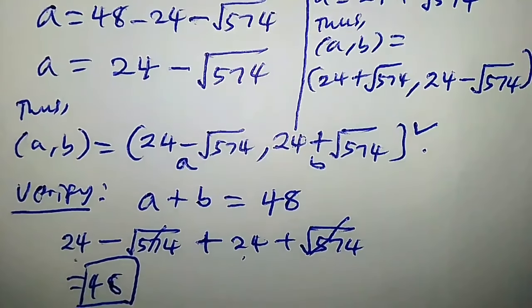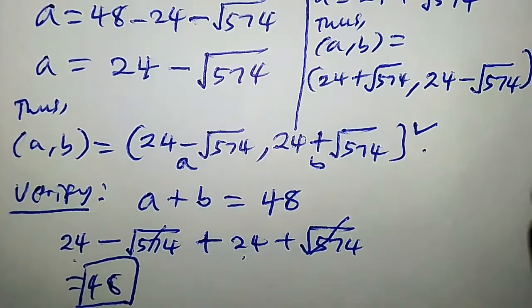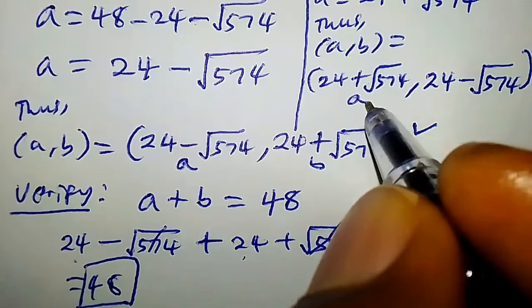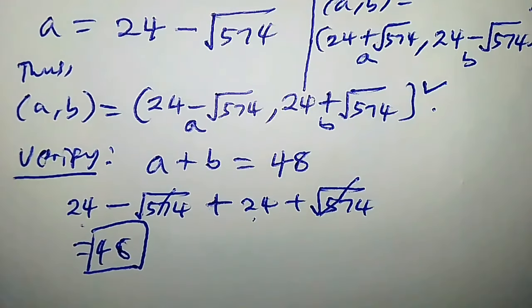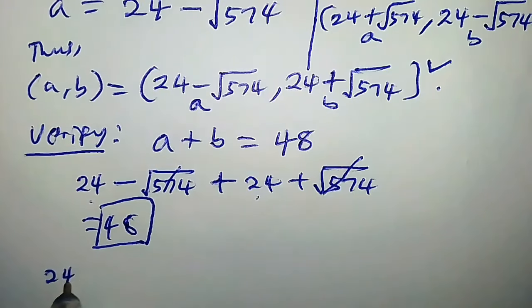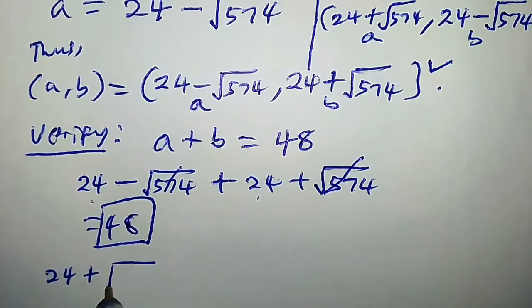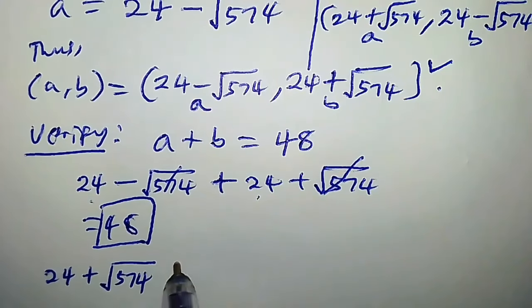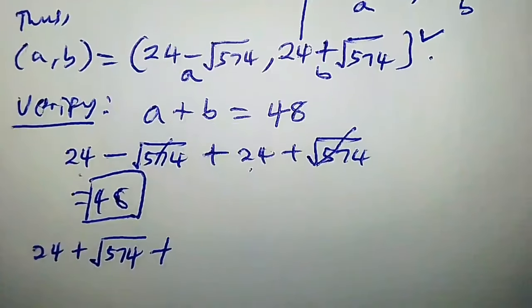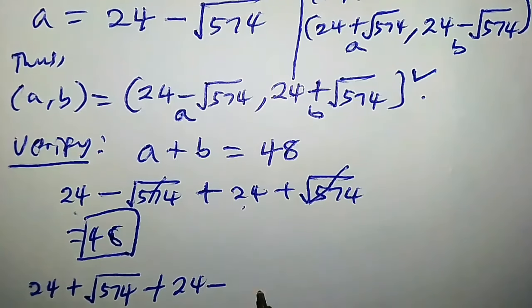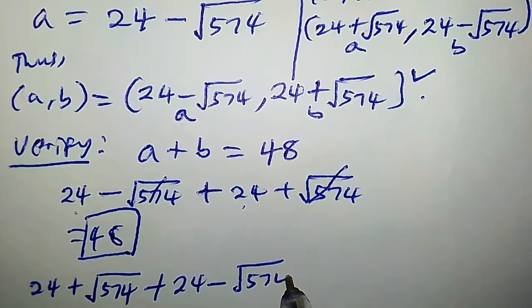Now, let's check for the second solution. This is A, this is B. So this equation becomes 24 plus square root of 574 plus our B, which is now this guy, 24 minus square root of 574.